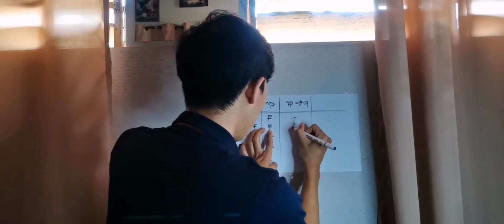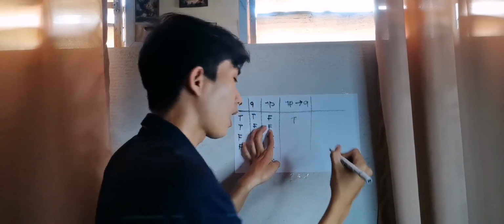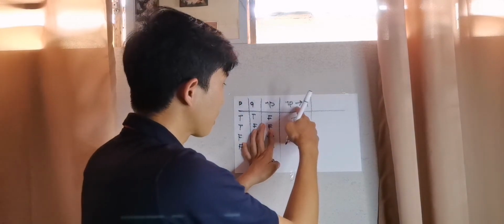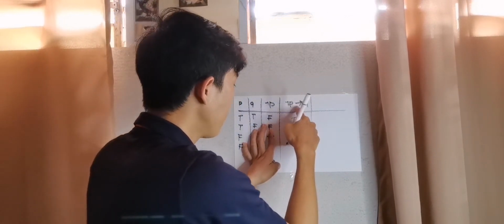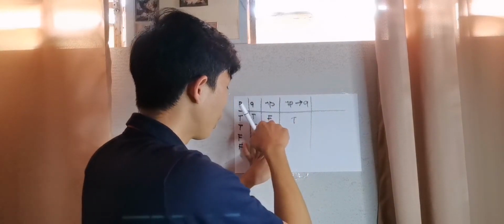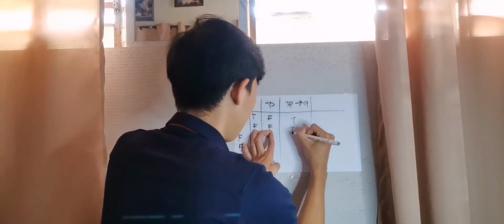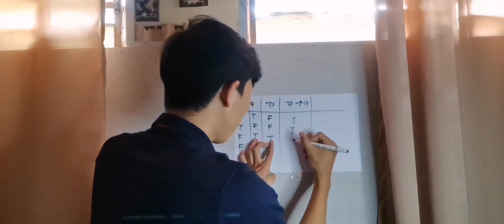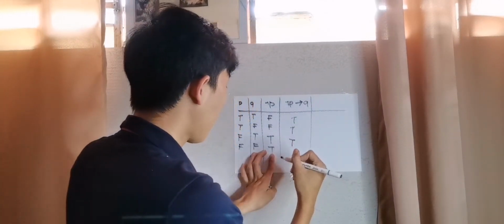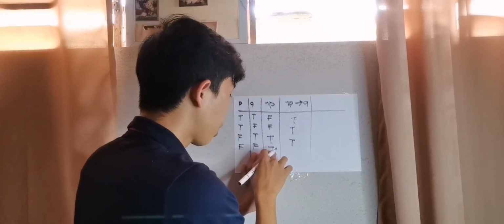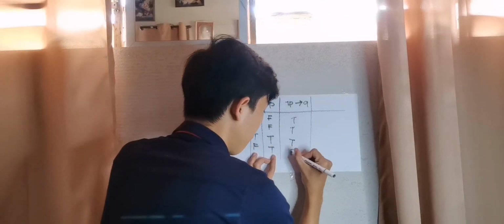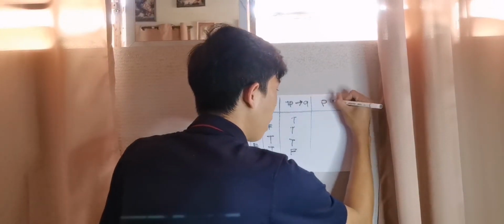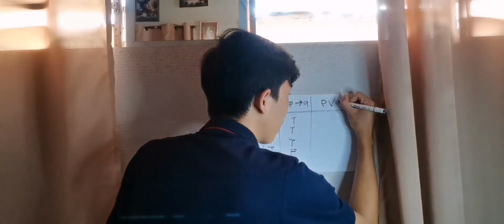Then false, false, since it is implies, if false and false, the answer is true. Then true and true, the answer is true. And when the P is true, then the Q is false, so our answer is false. Then the second premise, which is P or Q.